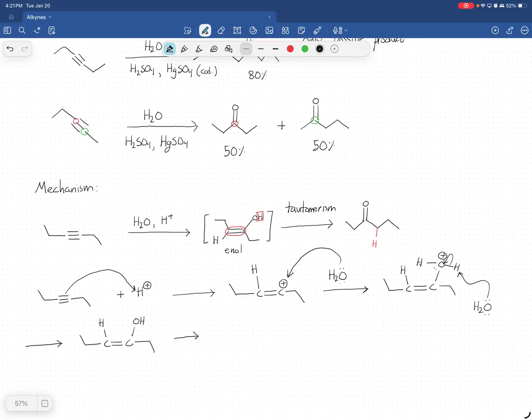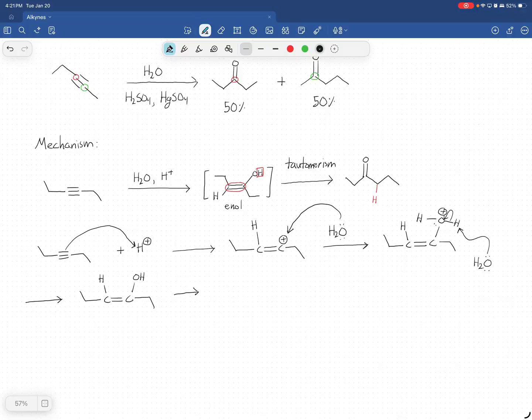What this double bond is going to do now is protonate the acid form, the H3O that we just generated. So we generate it like that, and that gives us our other H here. Now we have two H's on this carbon, but now we have a carbocation here.